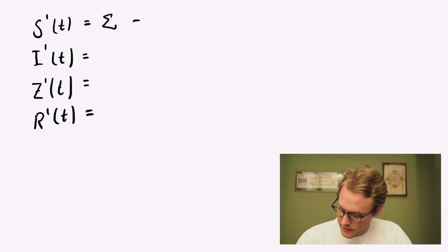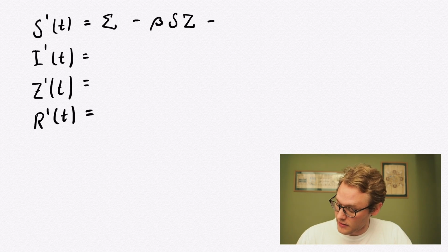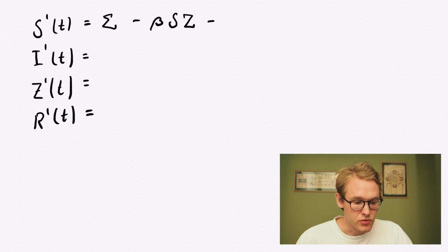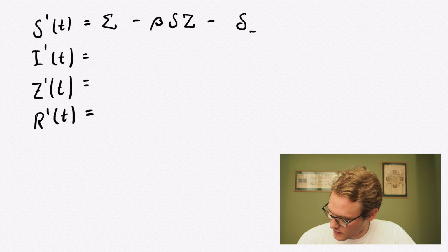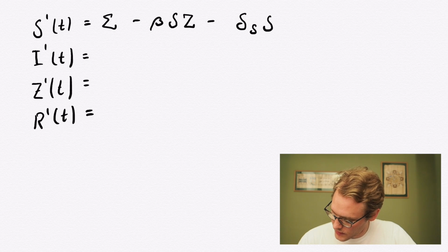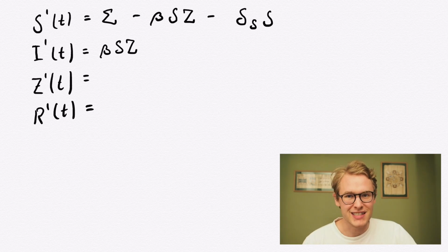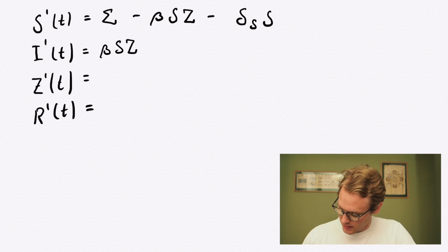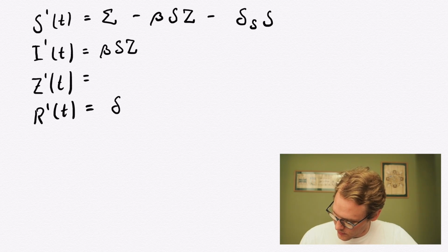We'll also have a transition from susceptible to infected by zombie-human pairs, because zombies infect humans with the zombie virus, of course, and we will also be able to move to the removed state, which is delta subscript S times S. So now we'll see that here we'll have the beta S times Z. So this is how the infected population grows.